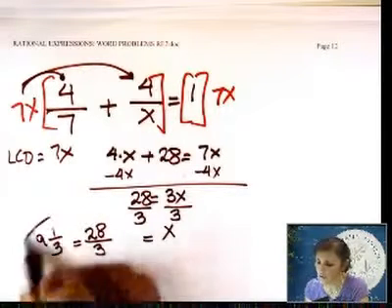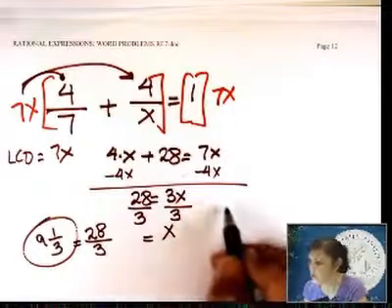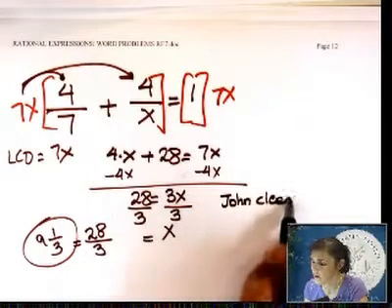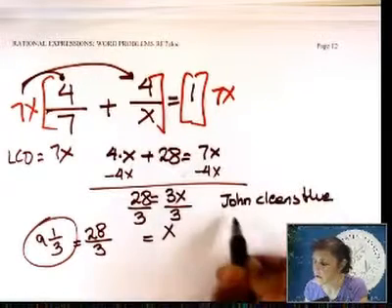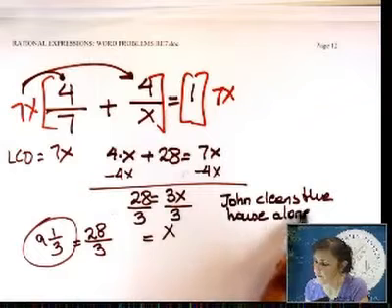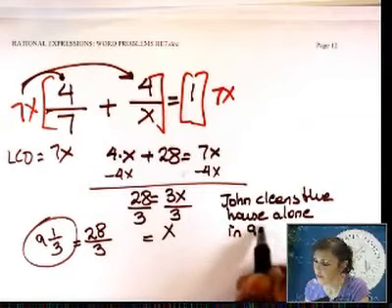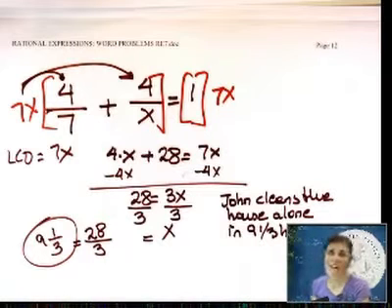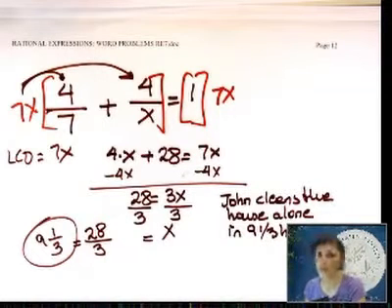That's hours. So John cleans the house alone in 9 1/3 hours. Okay? So that is the answer. He's a little bit slower than Linda, and when they work together, they get it done in 4 hours.